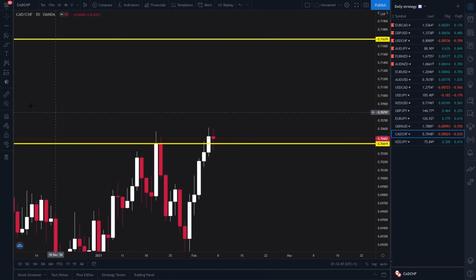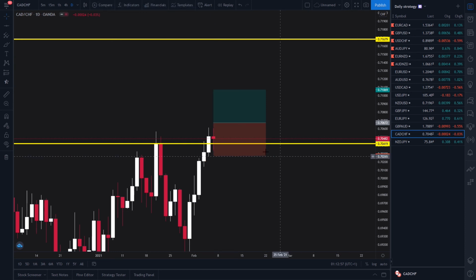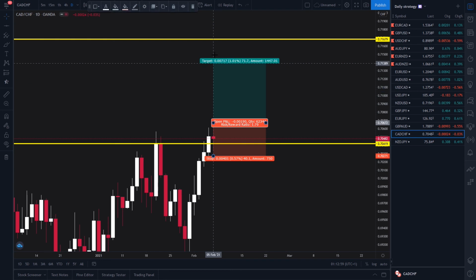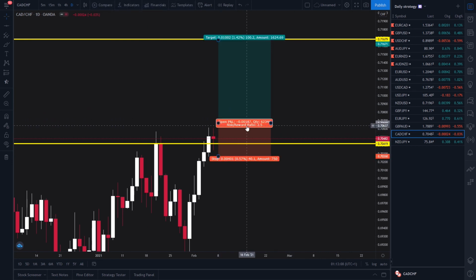So I'm going to be marking this up for a buy also. So let's go for a stop of 40 pips and look for a higher price area, which gives us a 2.5 risk ratio, which is great, but be careful with this one.